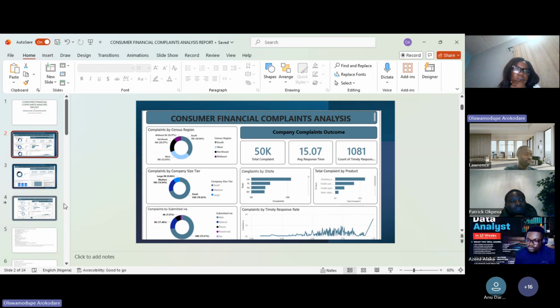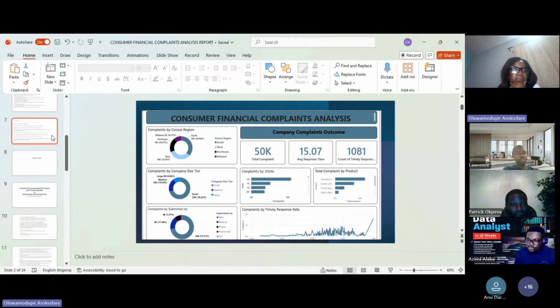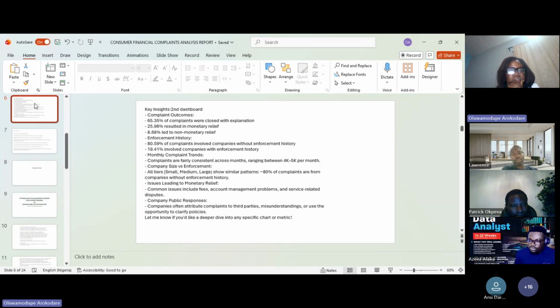So also I have another dashboard that talked about the complaint outcomes. There are some complaints that were closed with explanation, some with monetary relief, some with non-monetary relief. Then the enforcement history, which means complaints involving companies without making it mandatory.